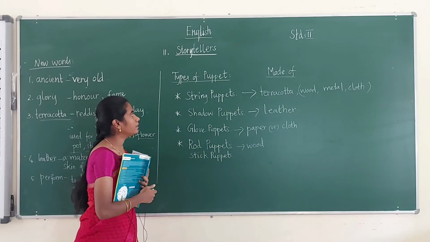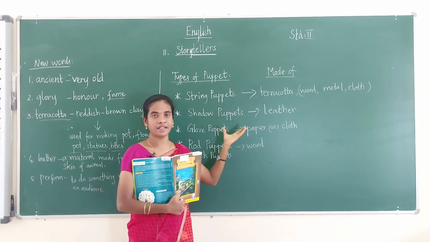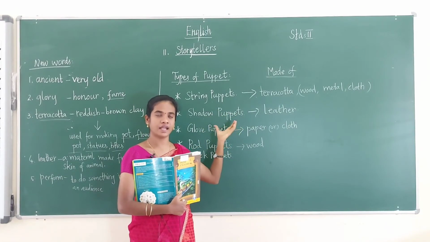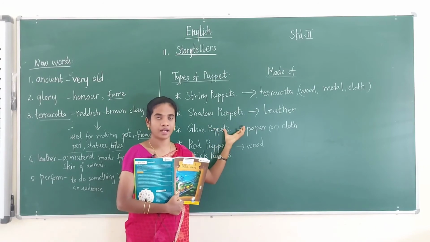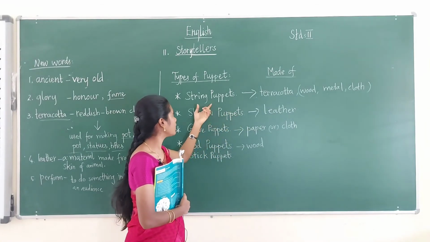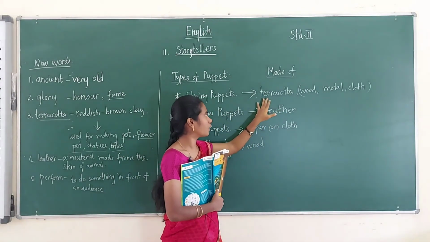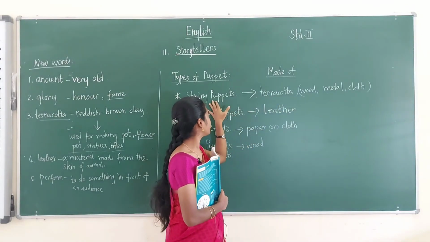Each puppet is made of a different material. String puppets are made of terracotta. In ancient times, in older days, people used terracotta for string puppets.